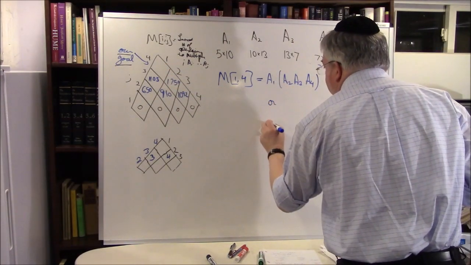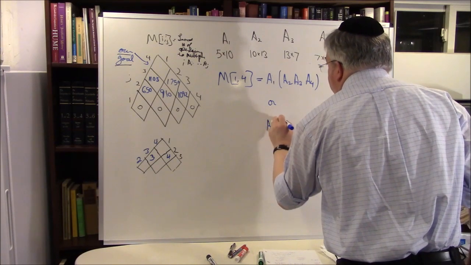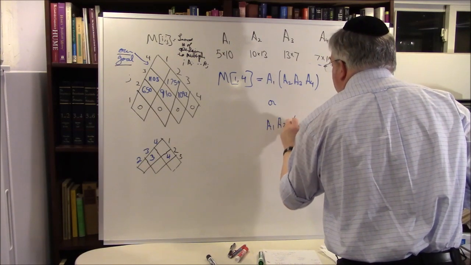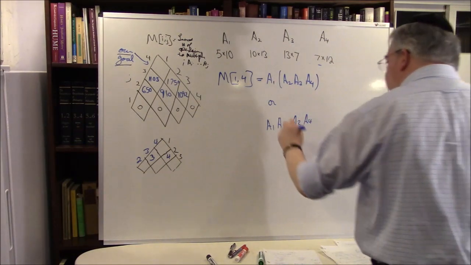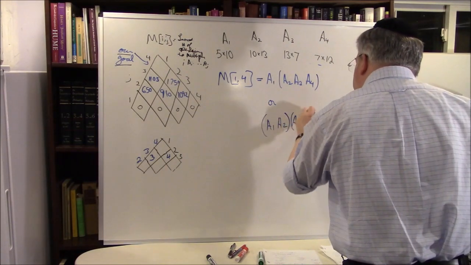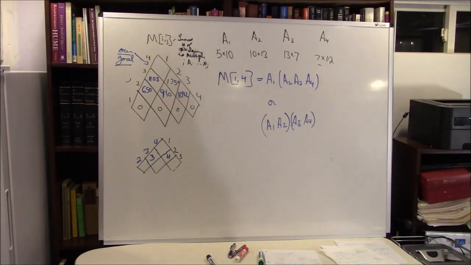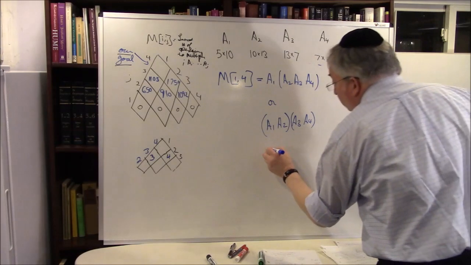Another possibility is A1, A2, A3, A4, and that's like this. Okay, but there's a third possibility also. What's the third possibility?